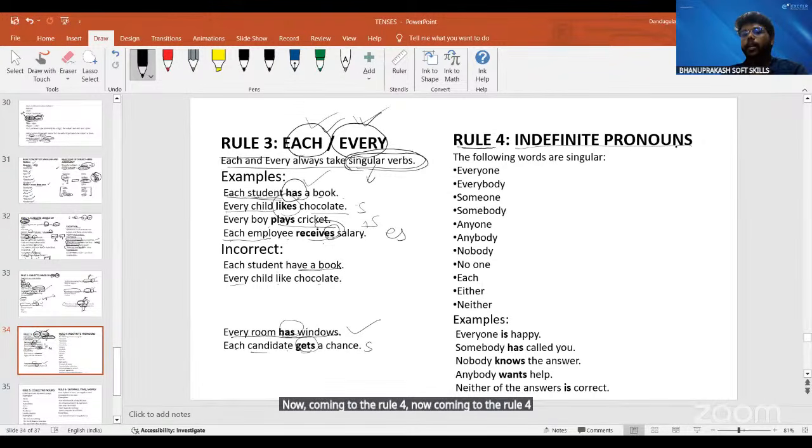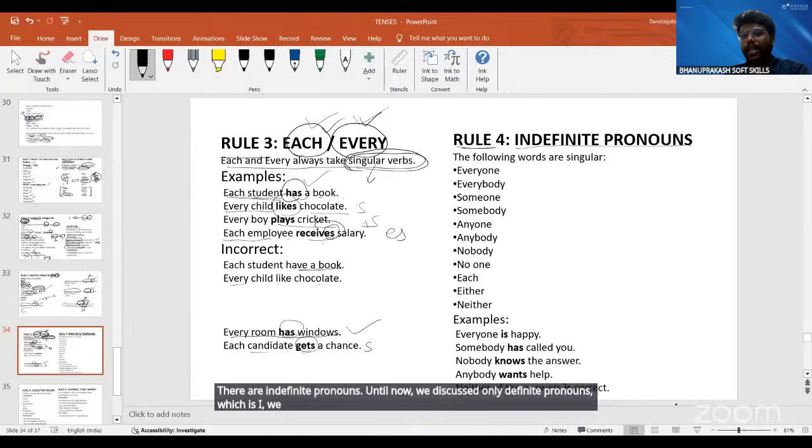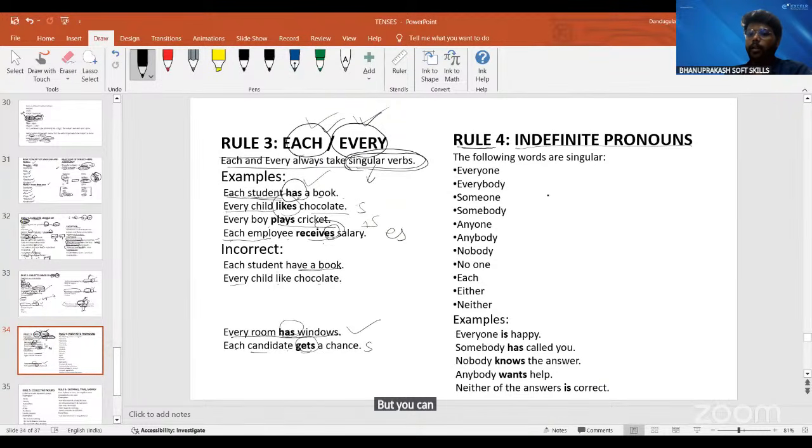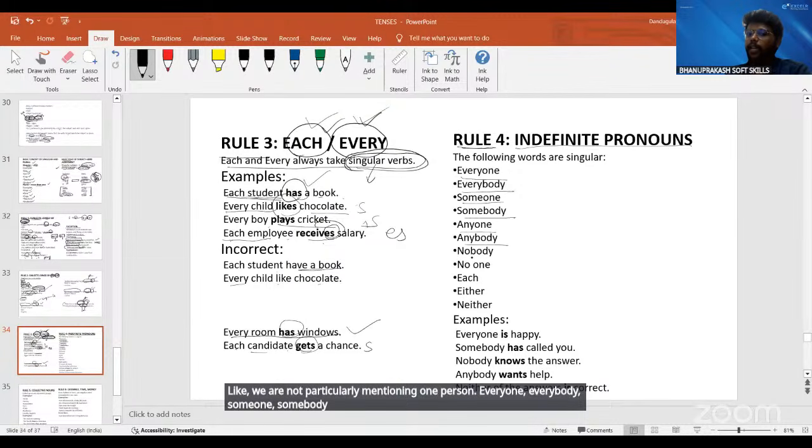There are indefinite pronouns. Until now we discussed only definite pronouns which are I, we, they, she, he, it. But you can find indefinite pronouns also, like everyone, where we are not particularly mentioning one person. Everyone, everybody, someone, somebody, anyone, anybody, nobody, no one, each, either, neither.